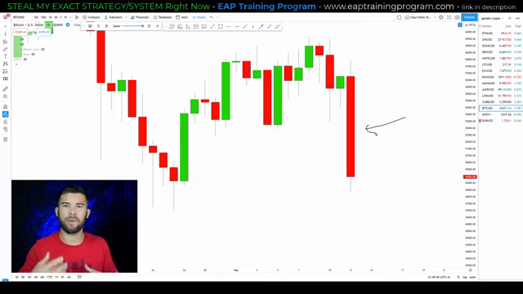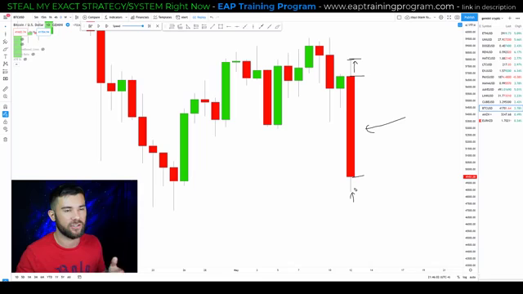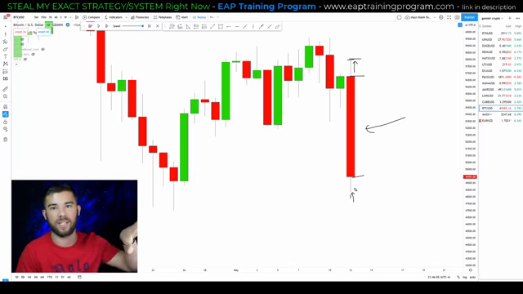And again, let's think about this from a psychology side, since that's what we're discussing right now. Think of it like a boxing match. At the start of the round, the opening bell rings. They open up, the bulls push up a little before bears finally take complete control and end up closing near the bottom, the low of this candle, insinuating that bears had complete control during this specific day.